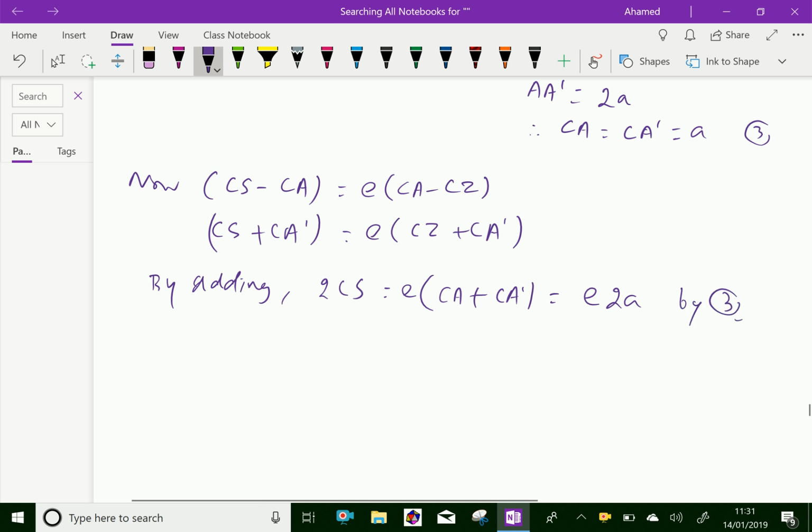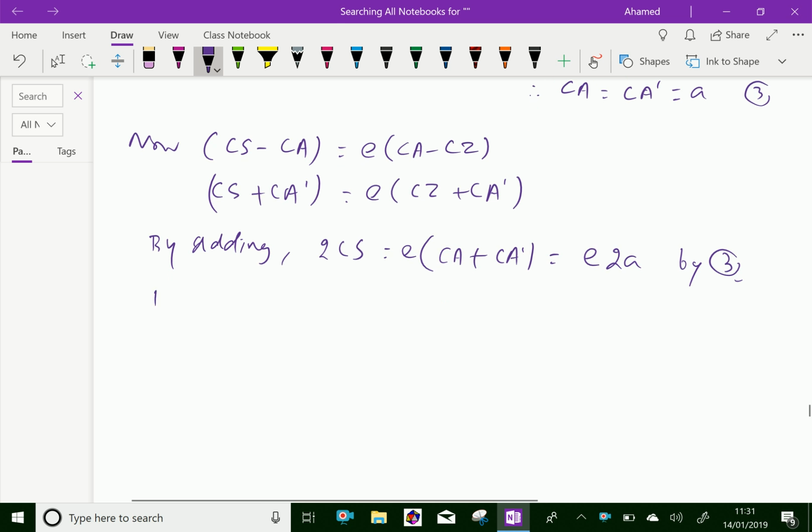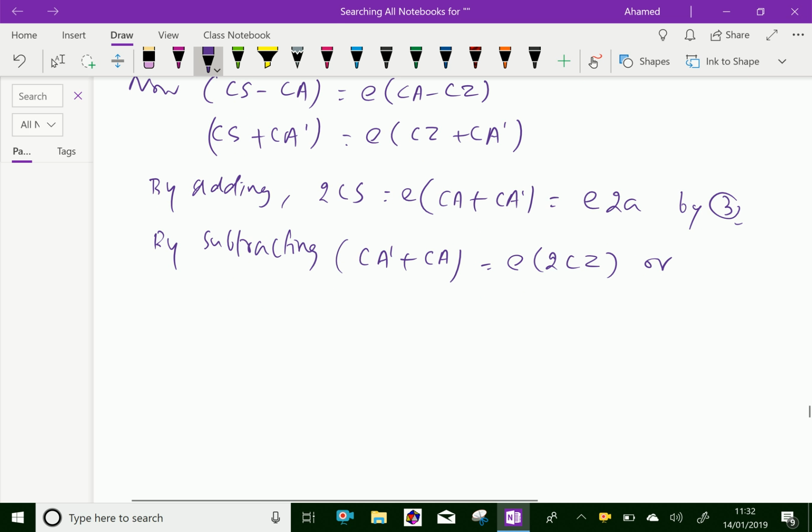By subtracting we get CA dash plus CA, because here CS and CS cancel, which is equal to e into 2CZ, or you can say 2a equals e CZ, which is e times 2CZ.